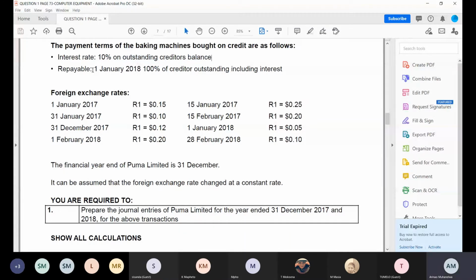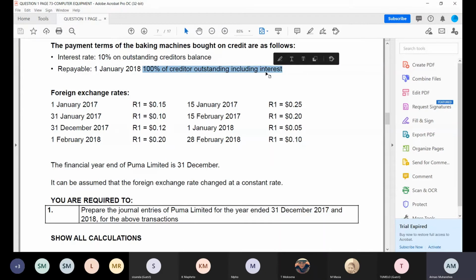The repayment of this inventory that we bought on credit is going to be 1st January 2018, which will comprise 100% of credit outstanding, including interest. Very important, this information that is given. So when we pay back the inventory that we got on credit, on the same day, we'll also pay the interest charged.